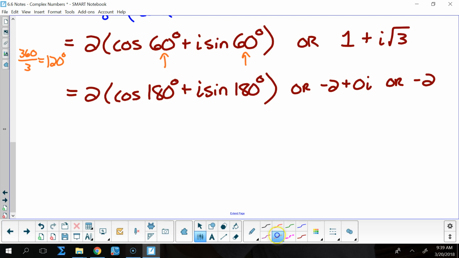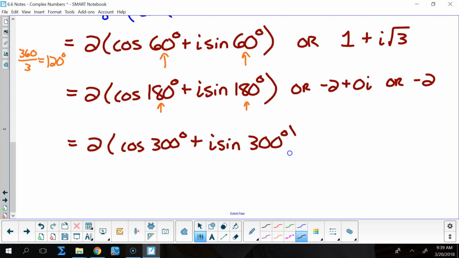Now, so we got to find a third one. So now I'm going to add 120 degrees onto that theta. So that's going to give me 2 times the cosine of 300 degrees plus i times the sine of 300 degrees. Okay? What's the cosine of 300 degrees? 1/2 times 2 is 1.